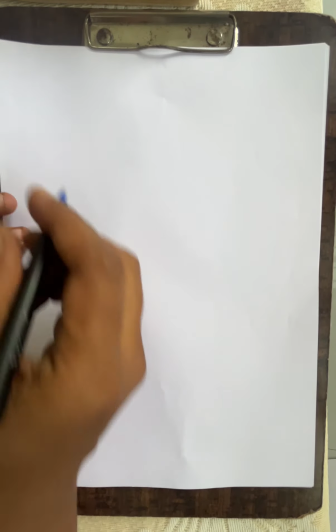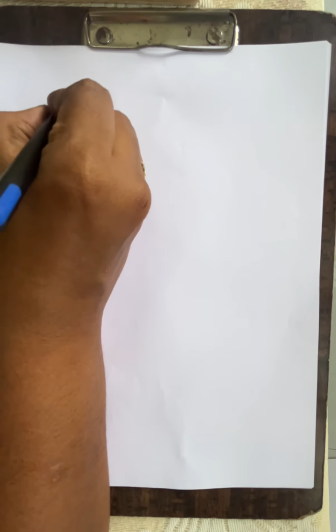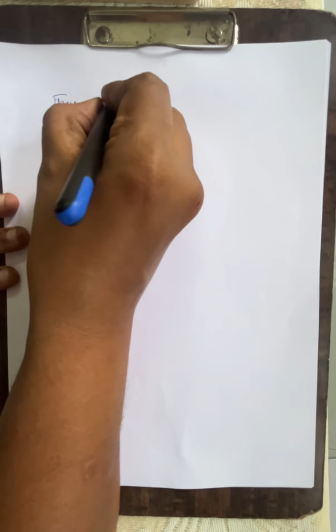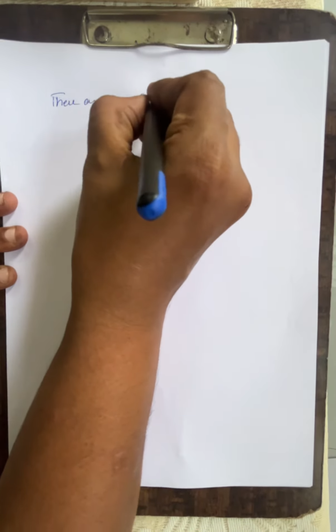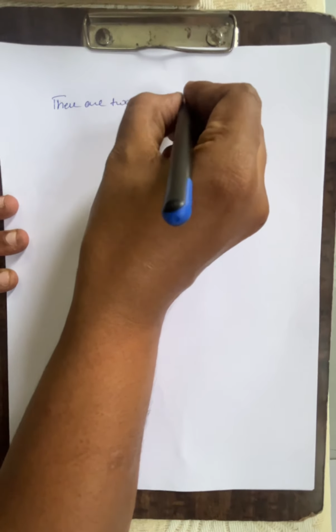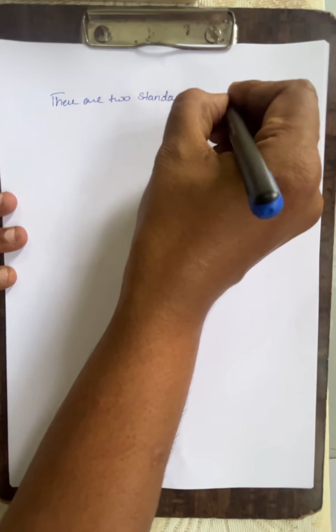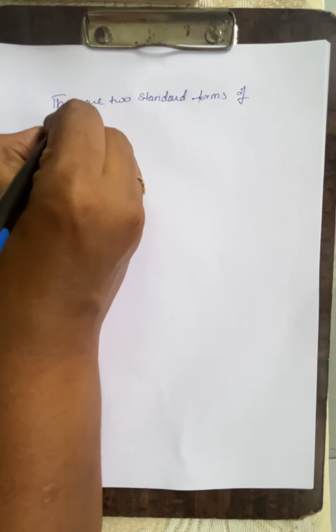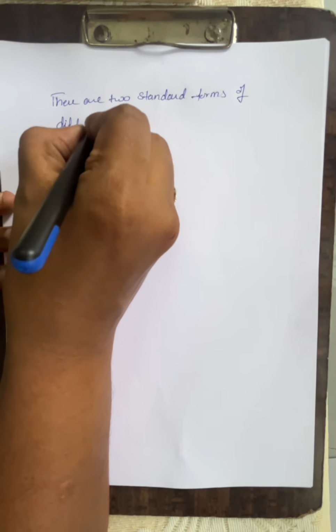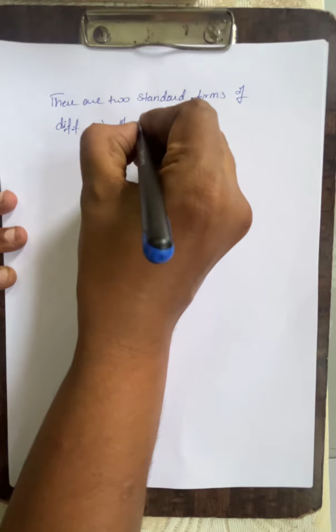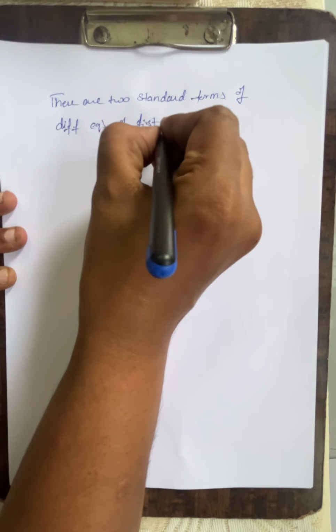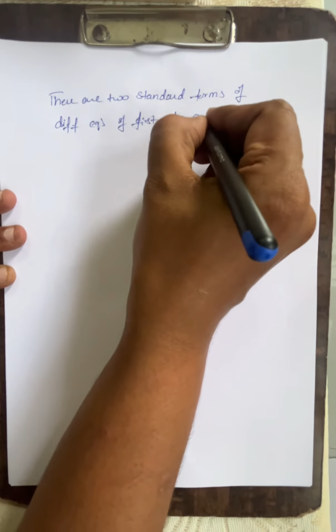I am Dr. G. Vijayalakshmi, Mathematics faculty. Today I am going to explain the equations of first order and first degree. There are two standard forms of differential equation of first order and first degree.